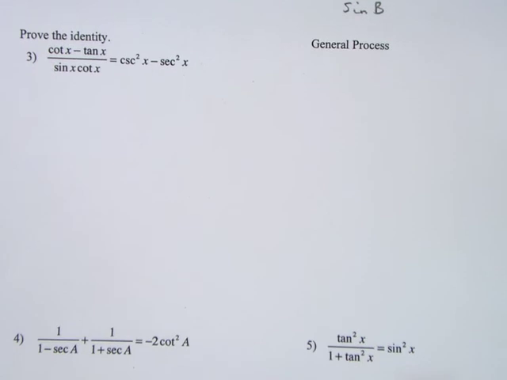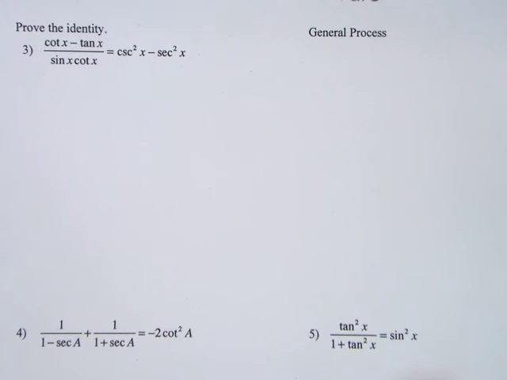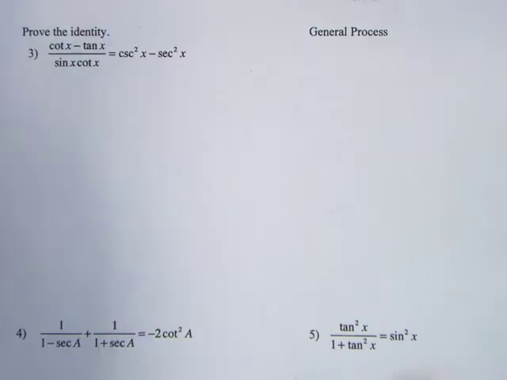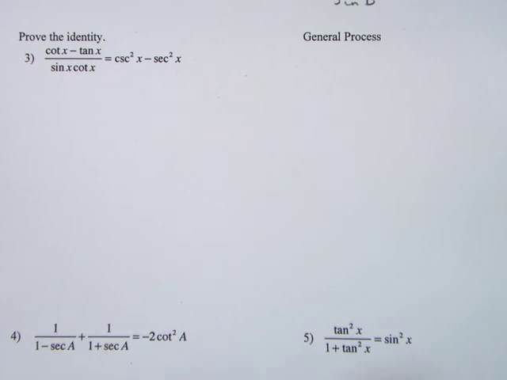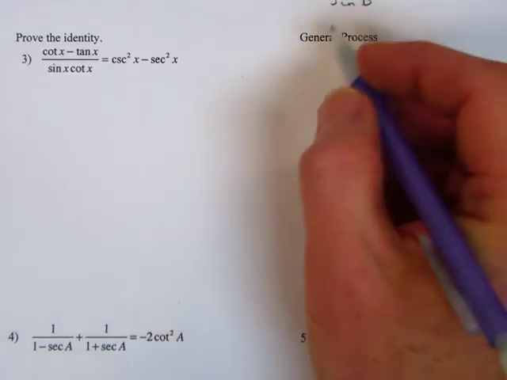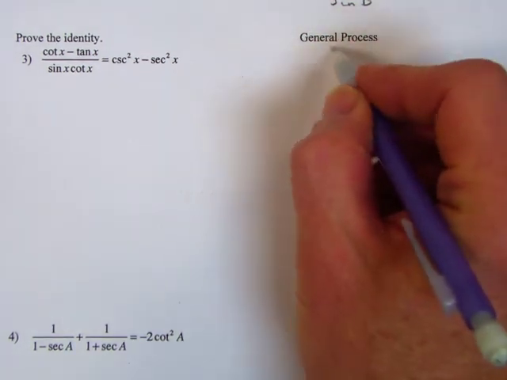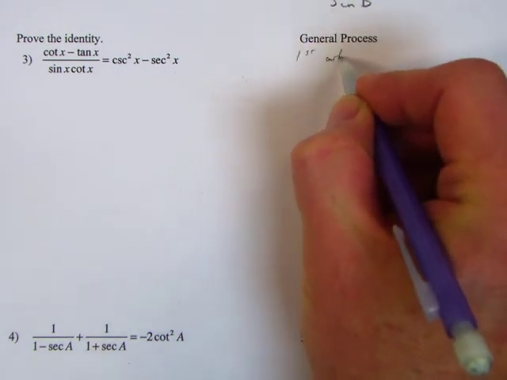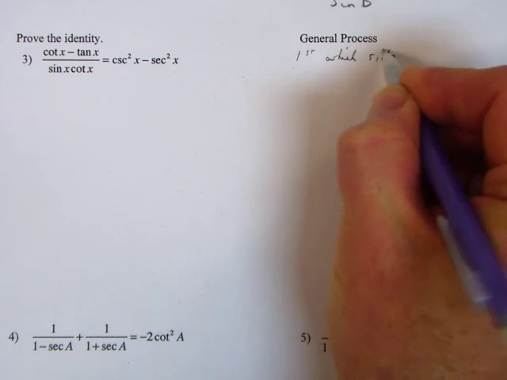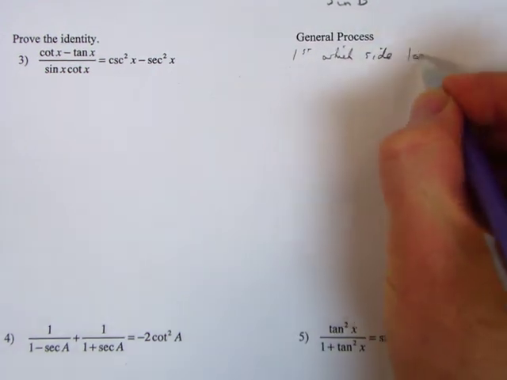Yay! All right. What's the difference between a simplify and prove? For a prove problem, you already have the answer. Now, that being said, what I want you to do is follow a specific set of process. What we're going to do is say, first, which side looks more complicated?